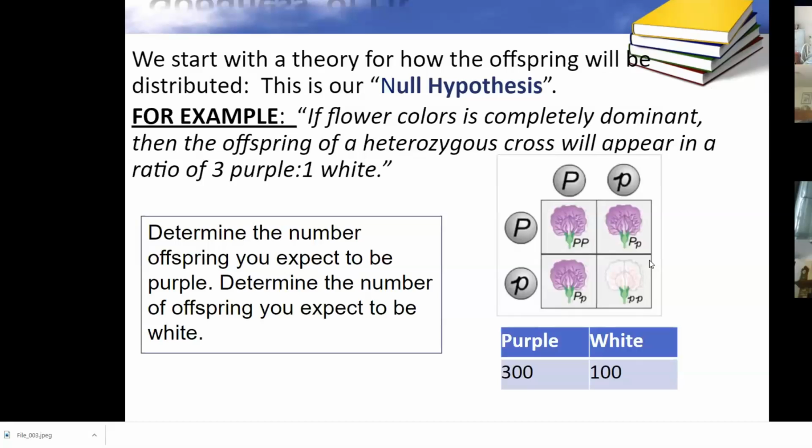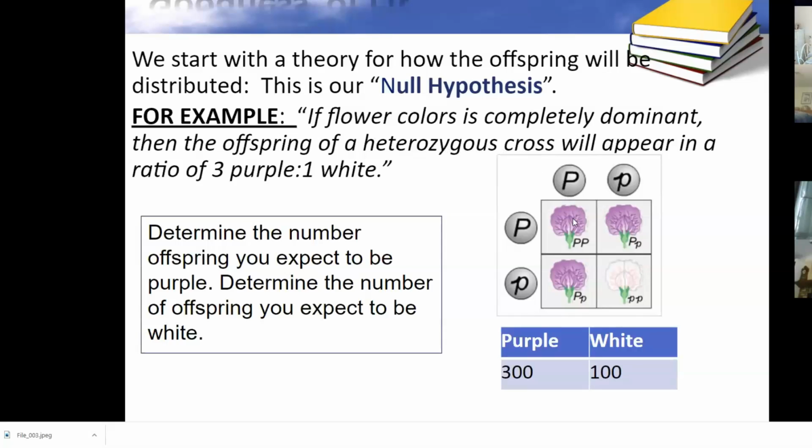So you're going to start with a null hypothesis. A null hypothesis is basically saying there is no difference between your results and your hypothesis, what you're expecting. So if flower color is completely dominant, then the offspring of a heterozygous cross, meaning big P little p crossed with big P little p, will appear in a ratio of 3 to 1, purple to white.